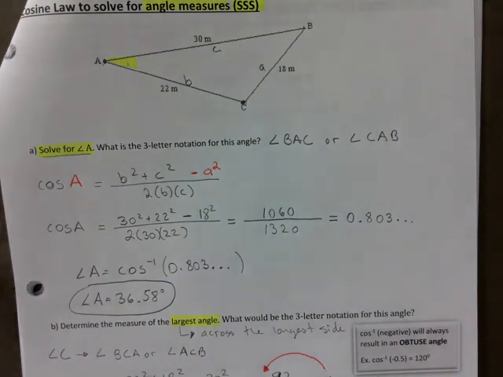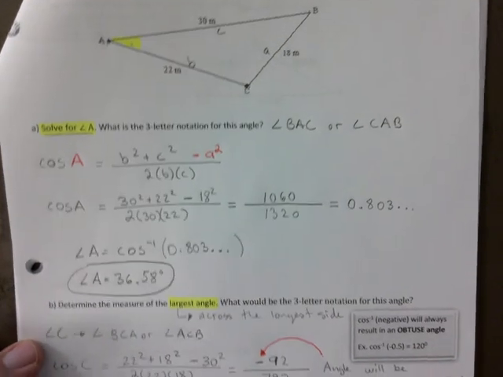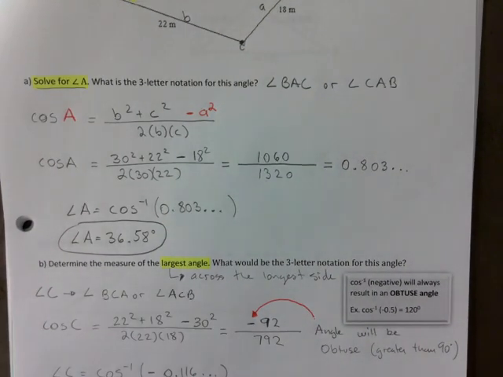Your preference. The only thing that's going to happen is from time to time, you're going to be off by 0.01 if you do sine law versus cosine law, like if you go one way over the other, just because there's some rounding happening along the way. Not a big deal. You're not going to lose any marks for that. It's just the way it goes. Okay.